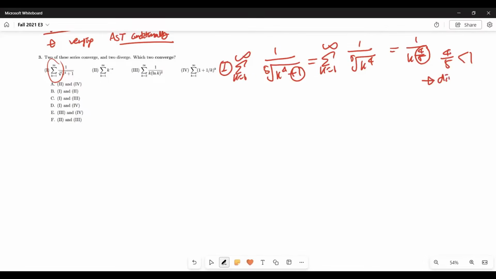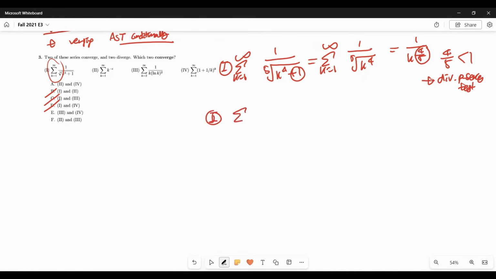It's going to be diverging by the p-series test. And the p-series test says the denominator power has to be greater than 1. So this is not going to be converging. That means B, C, D are not the right choice. Okay, so we got 3 out of the way.